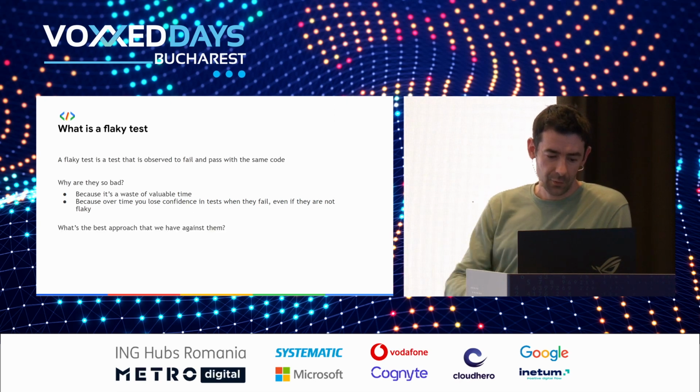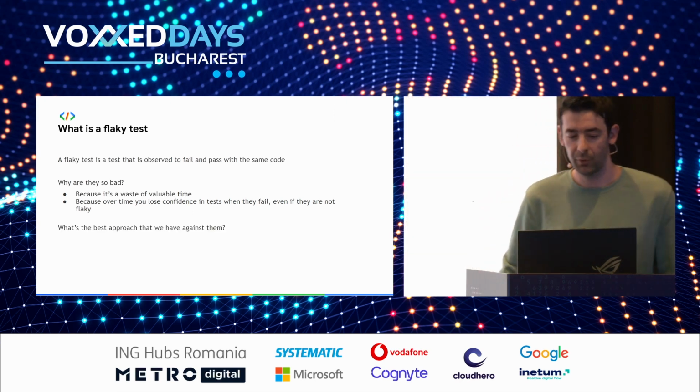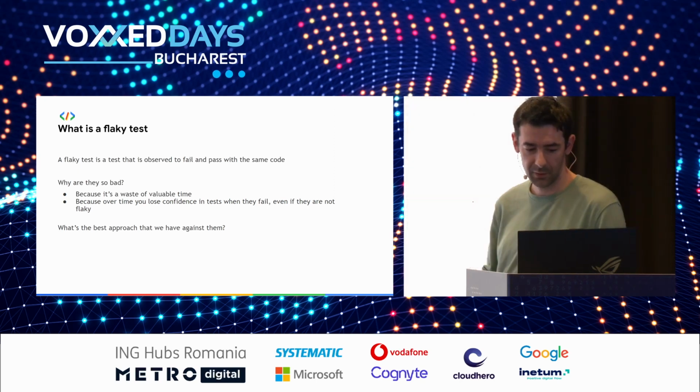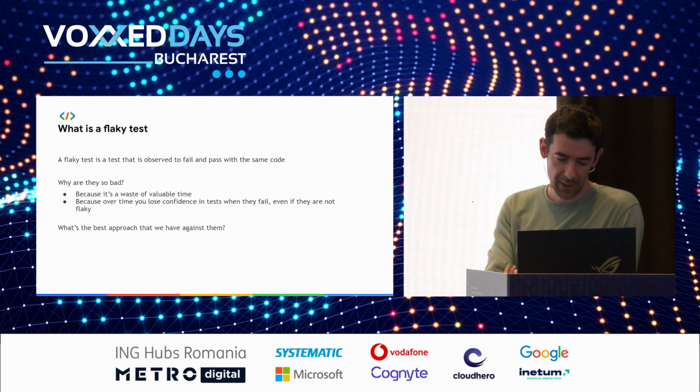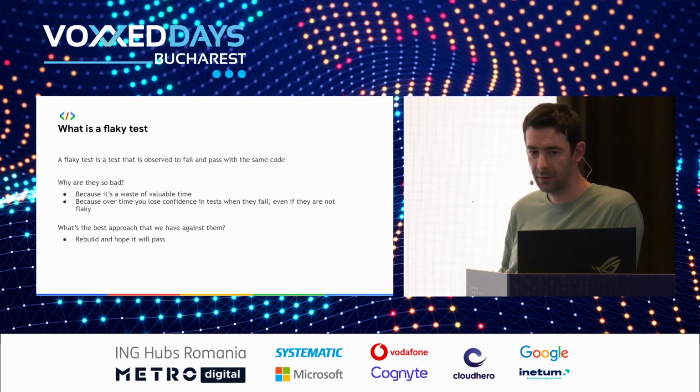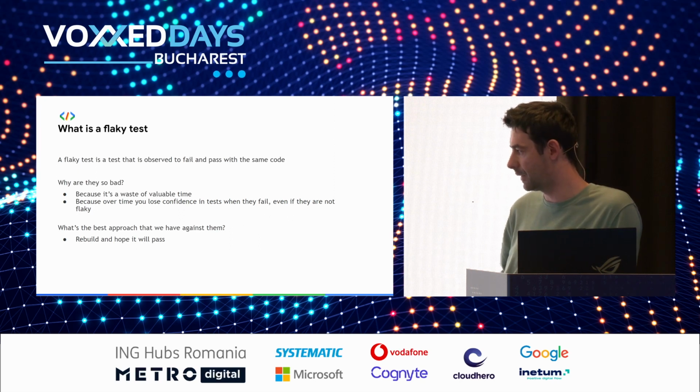So what's the best approach? What's the best approach that we had when we've encountered this problem? I think I've already explained that, which is the rebuild button, and fingers crossed or praying to whatever God, hoping that they will pass this time and we're going to get something in production.